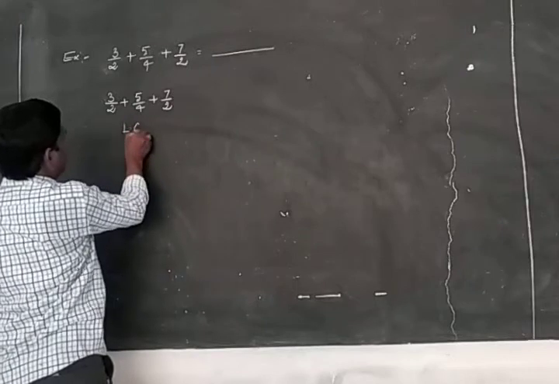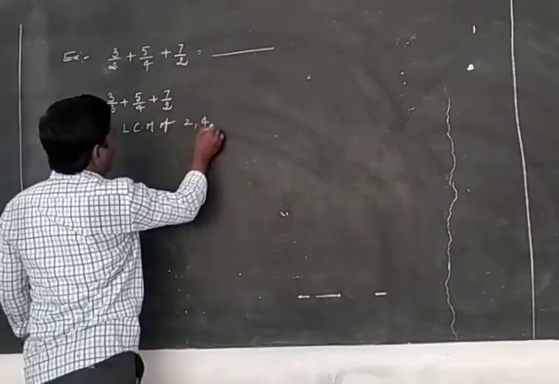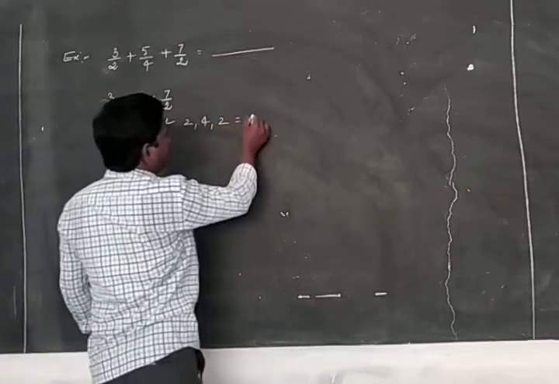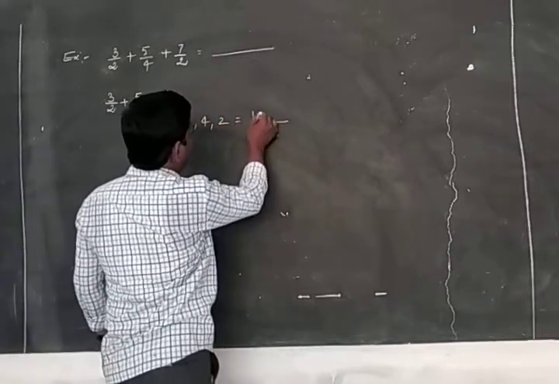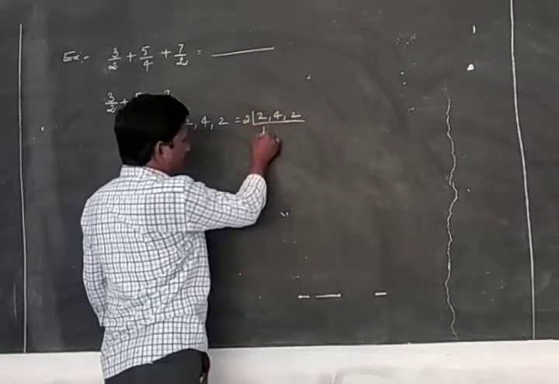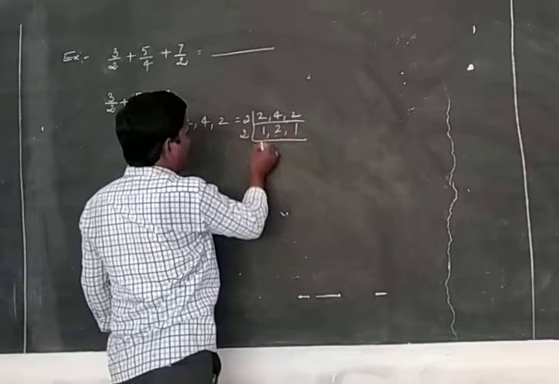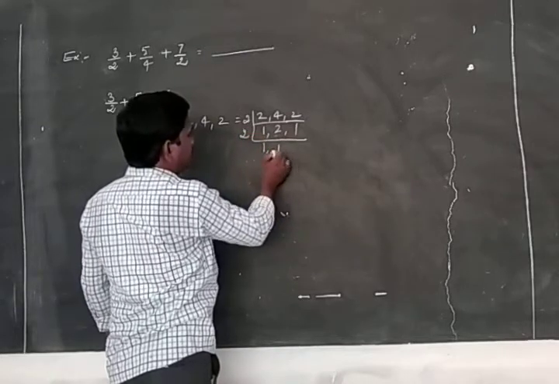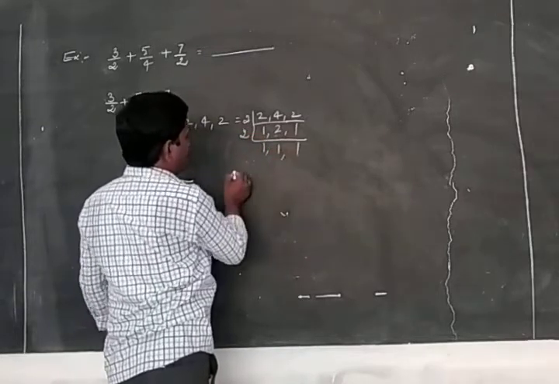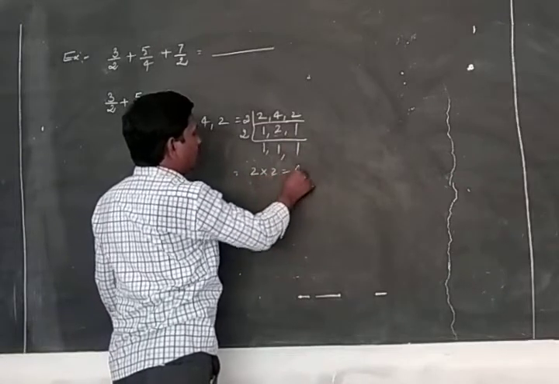LCM of 2, 4, 2 equal to... 2 table, 1 time, 2 times and 1. Again 2 table 1, 1, 1. So 2 into 2 equal to 4.